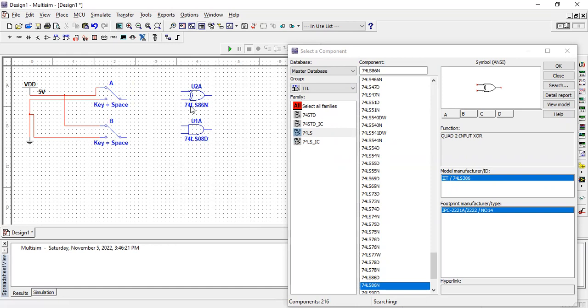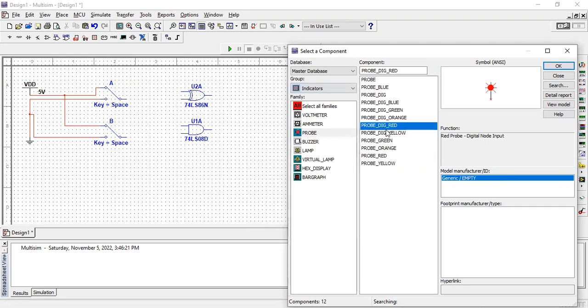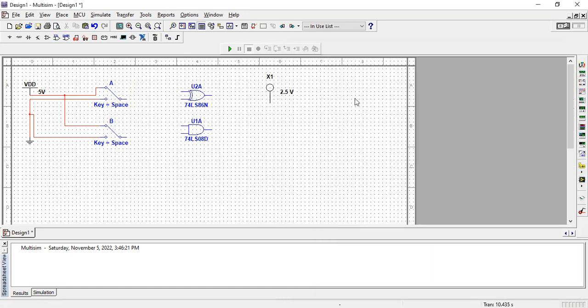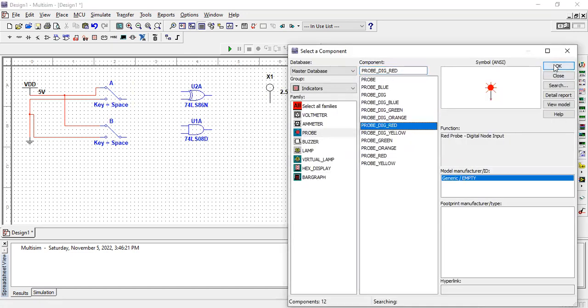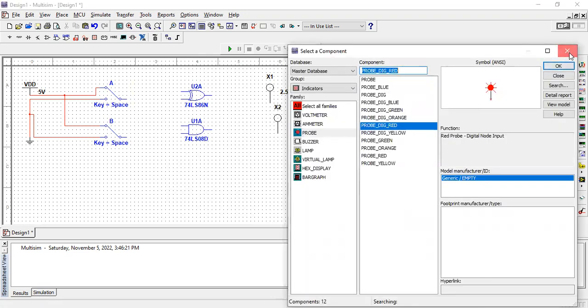Next, I need to find two illumination bulbs or LEDs so that we can test our 0 1 0 1 combination. For that case, I need to go to indicators. Now you can see that I'm going to find two LED probes. That one is green, and this one is red. So we need two LED probes because we have two output functions.